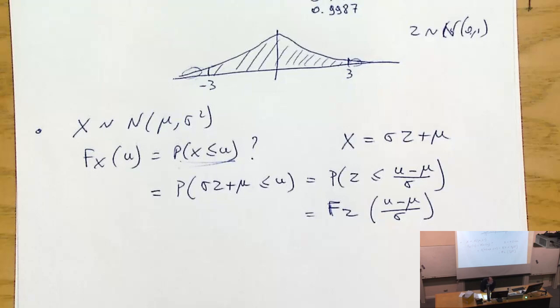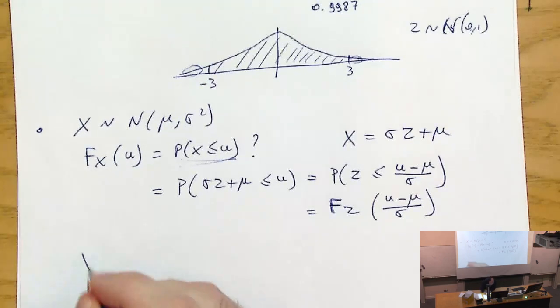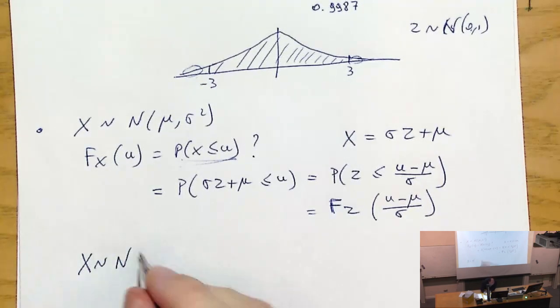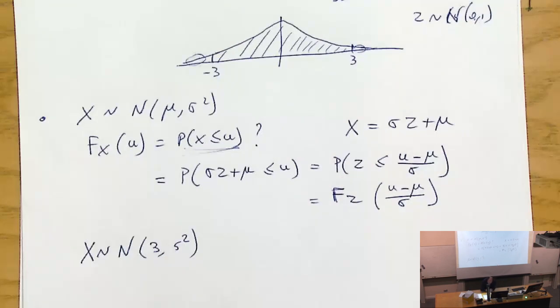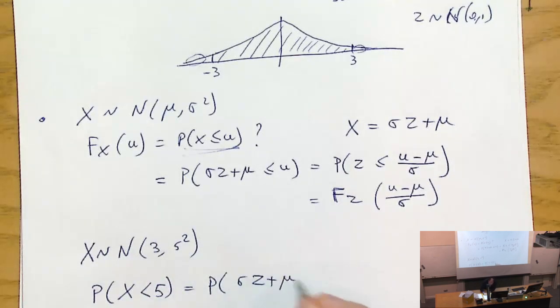Okay, so let's look at an example of this. Imagine that x is normally distributed with mean 3 and variance 5 square, so the standard deviation is equal to 5. And you're looking at the probability that x is smaller or equal to 5. This is the probability of sigma z plus mu being smaller than 5. What is sigma here? It will be 5. What is mu?